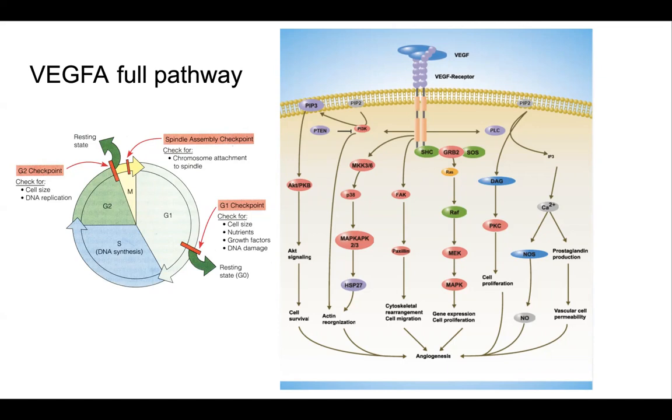VEGFA, the ligand, will bind to receptor 2, the VEGF receptor 2, on the surface of epithelial cells, and it will release a bunch of different proteins and kinases, and these are all different pathways that angiogenesis can result from. I was reading that kinases will increase phosphorylation and help it to attach for longer, which is more efficient for the cell.